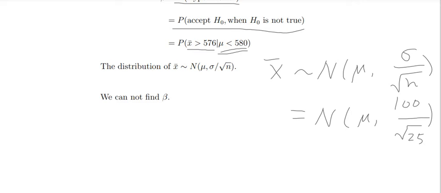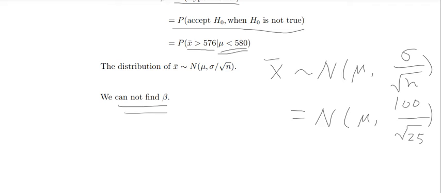So if we don't know mu, then we don't know the exact distribution for x bar. For this reason, we cannot find beta.